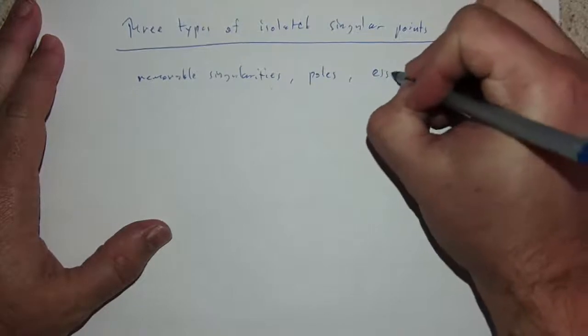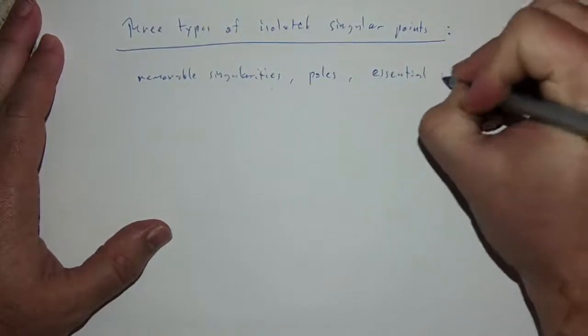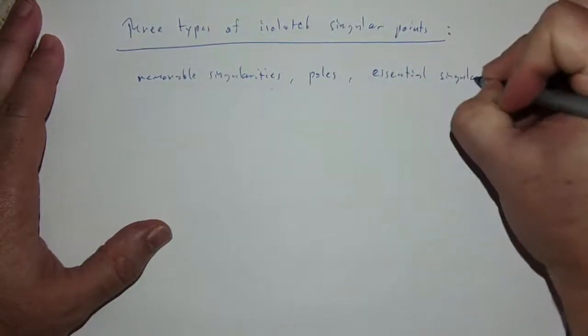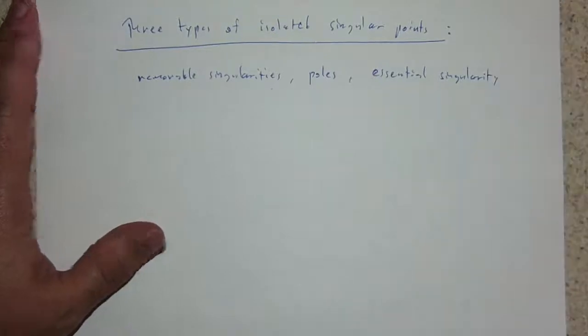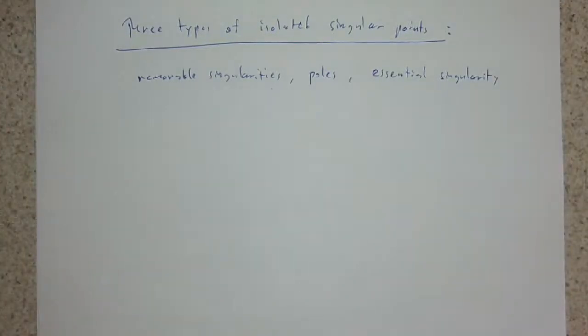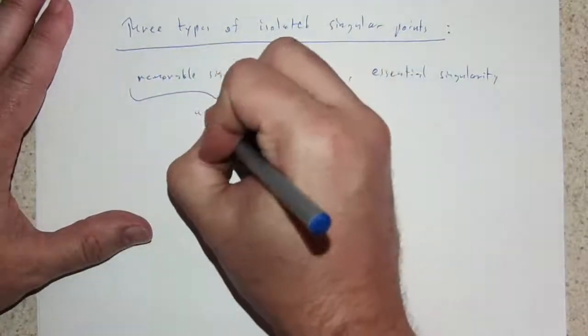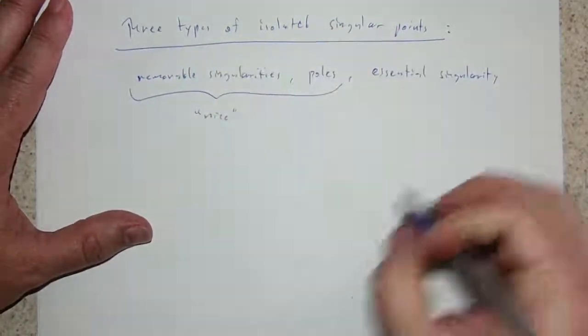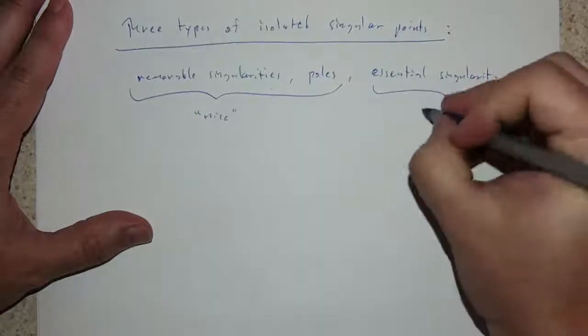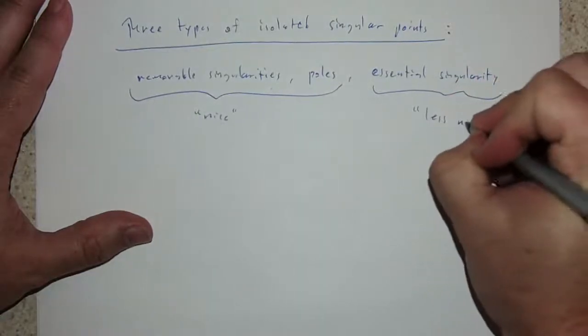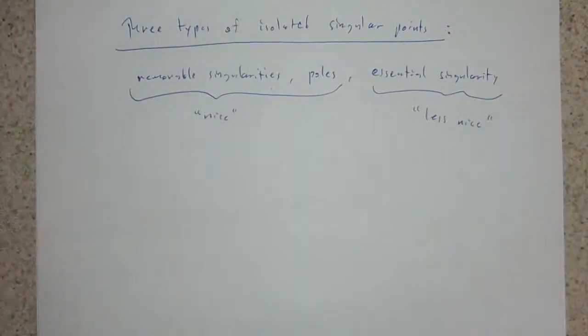And the last type is essential singularity, which I've mentioned previously. These 2 are nice, and essential singularities are less nice.